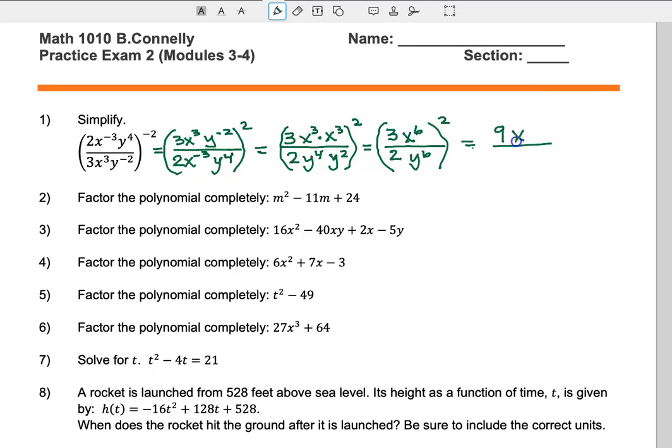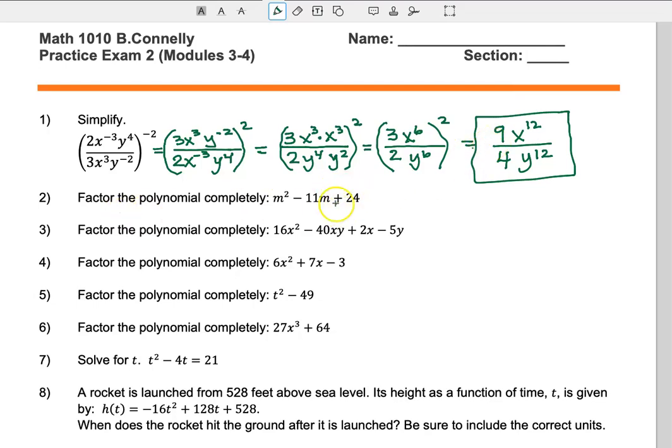So that's going to give me x to the 12th. And then on the bottom, 2 to the 2nd power is 4. And then y to the 6th squared is going to be y to the 12th. And then that will be your answer. That's how you leave it. Okay.